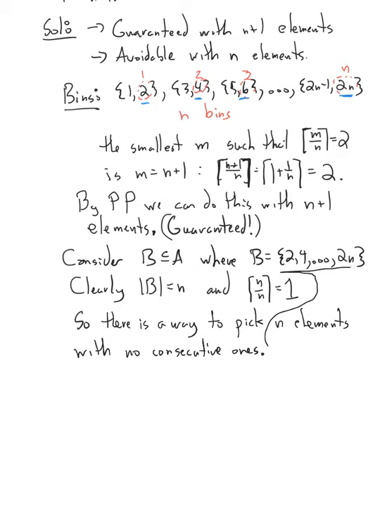Remember, if we want to show a conditional is false, we just need a counterexample. There is our counterexample. So we showed it's not guaranteed with n, but it is guaranteed with n plus 1. So n plus 1 is the minimum.